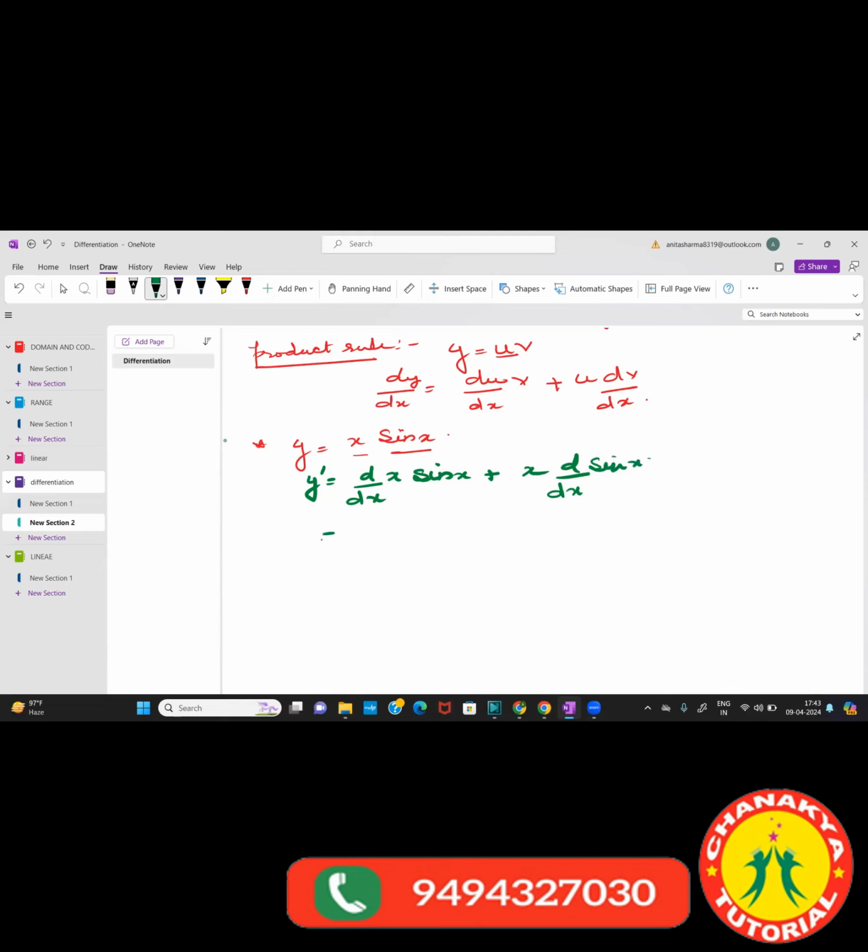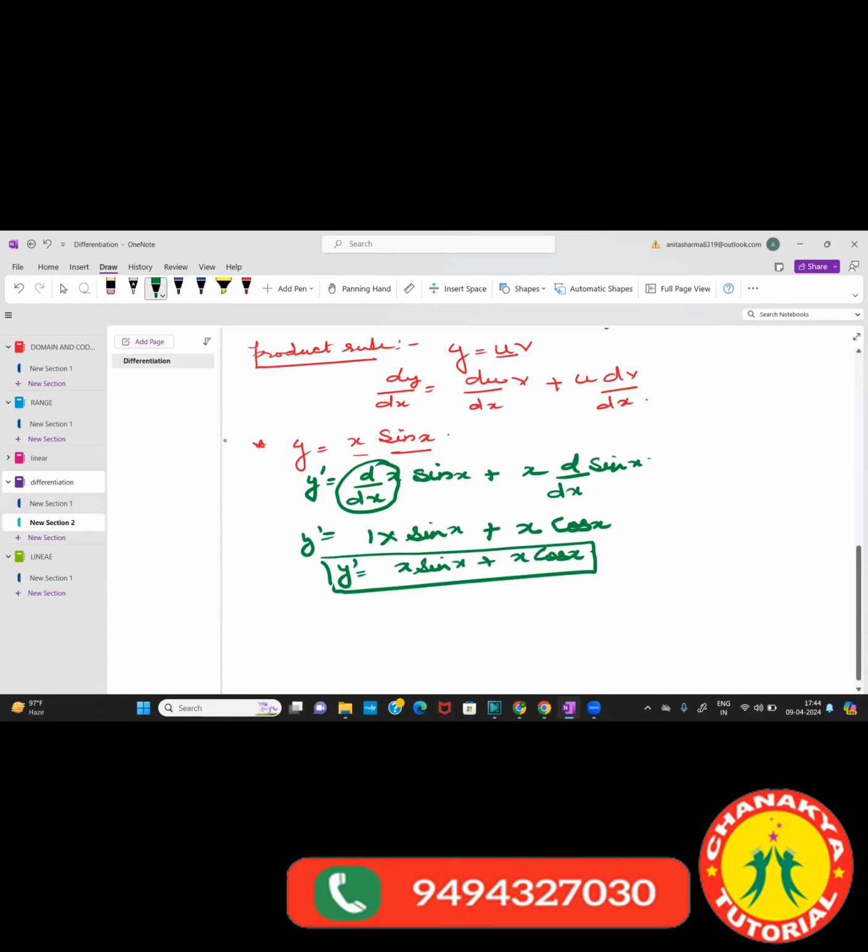The differentiation of x will be 1 only. So 1 into sin x plus x cos x. Right?